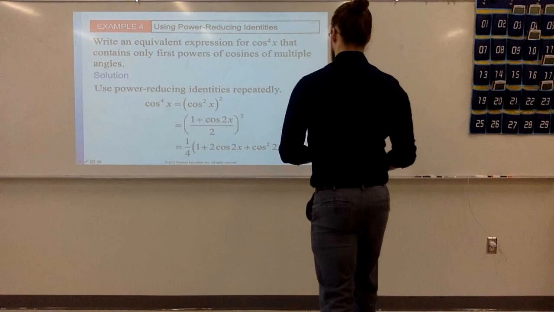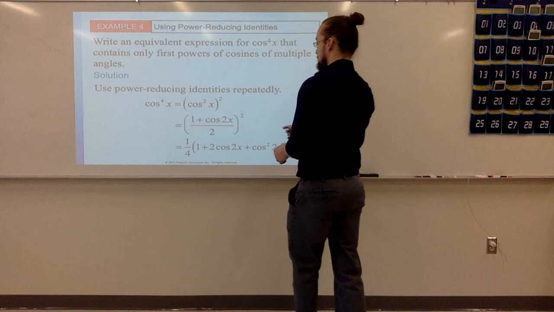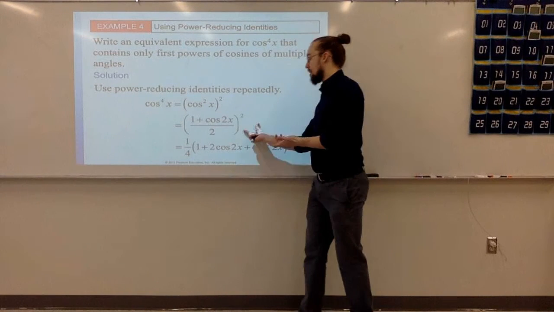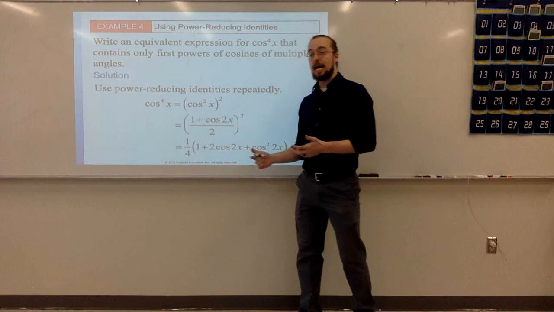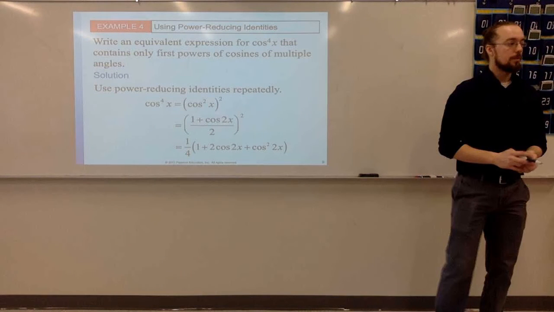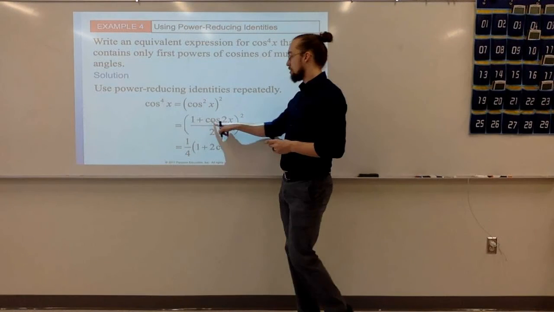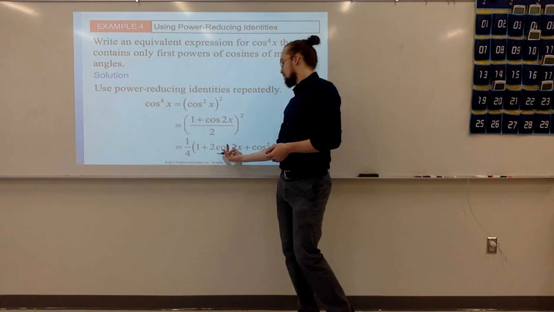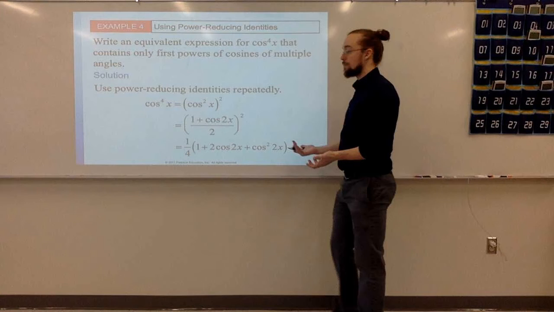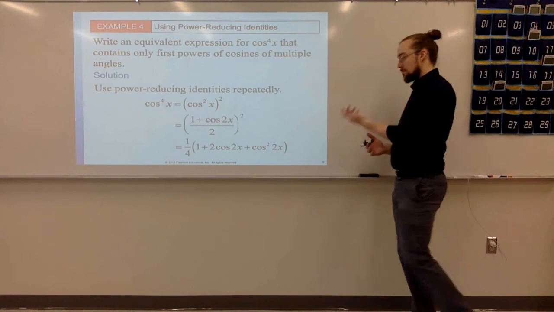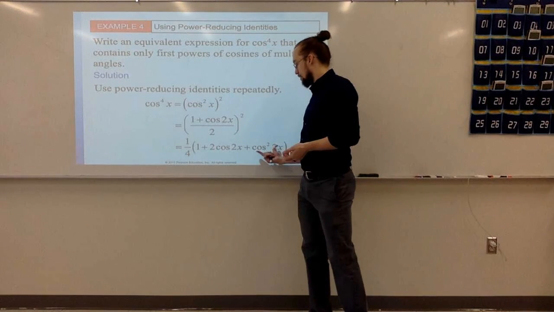What they did was square both the numerator and denominator and then pull the denominator of 4 out as a fraction of 1/4. If we square the numerator, 1 squared is 1, plus 2 times the product, so 1 times cosine of 2x times 2, and then square cosine of 2x.